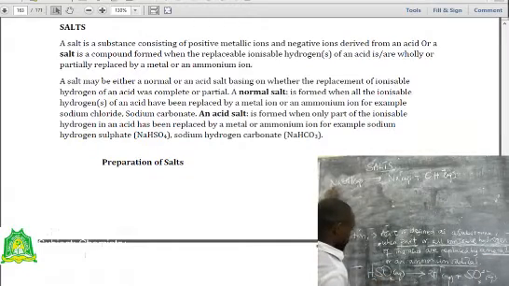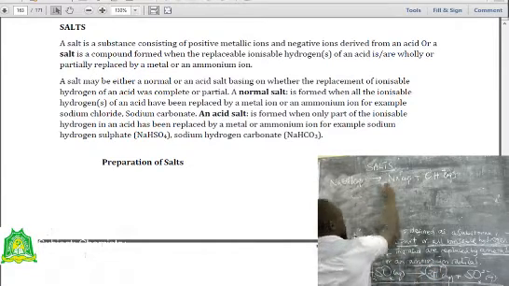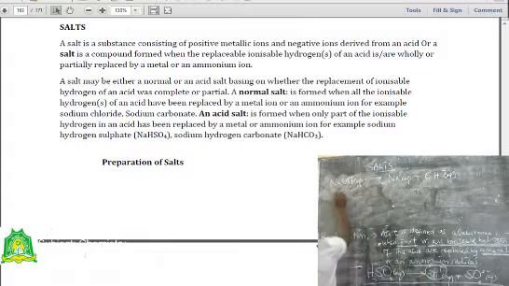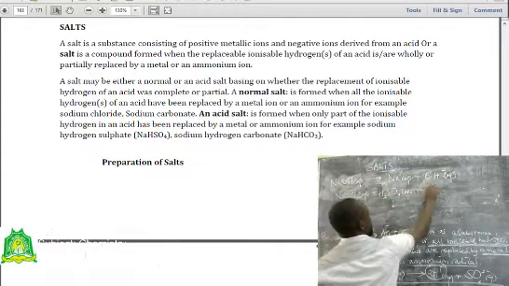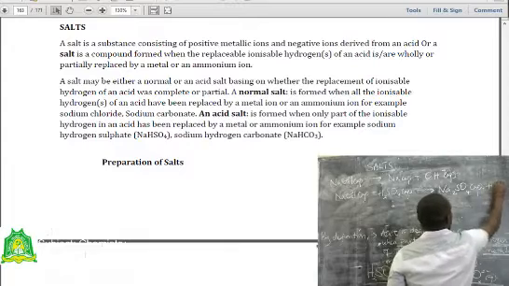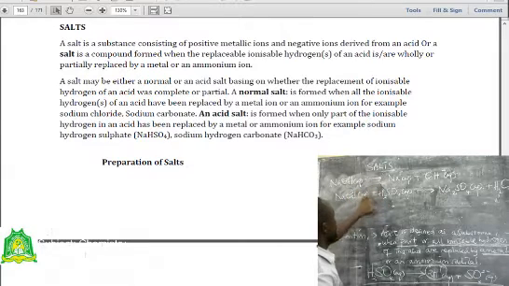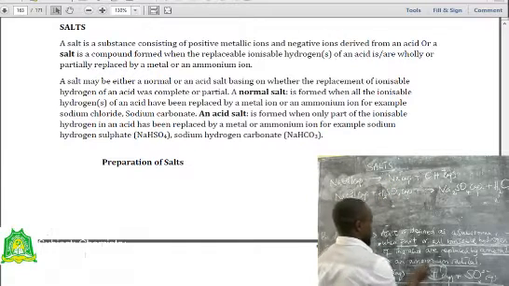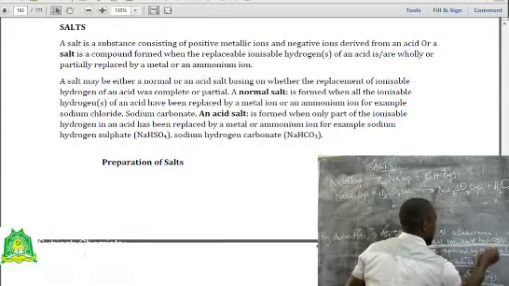If we bring this solution to react with this acid, replacing all the hydrogen ions, the acid attacks the sodium hydroxide to give you sodium sulfate solution plus water, meaning that all the ionizable hydrogen ions of the acid have been replaced by the sodium metal.